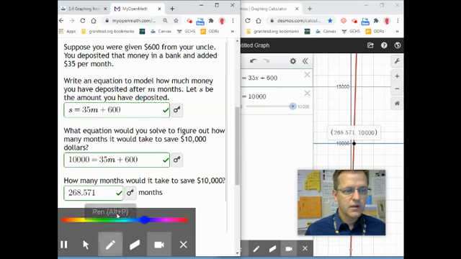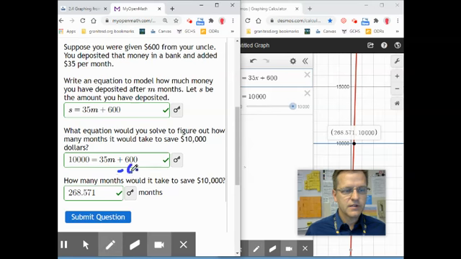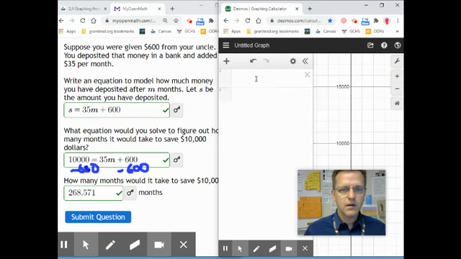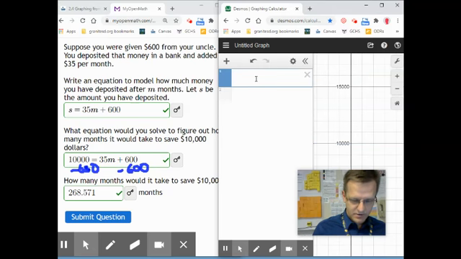Now, you might say, well, is there any other way I could do this? Yeah, you could. The other way you could have done this is to subtract 600 from both sides. And that would give you 9,400. Over here, you've got your 35x plus 600 equals y, right?